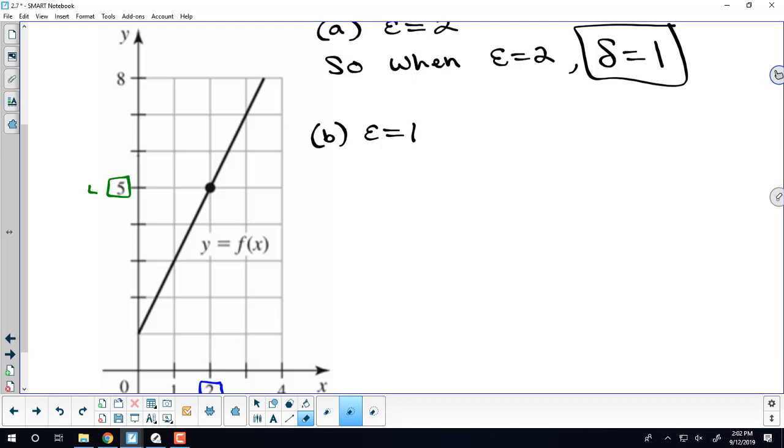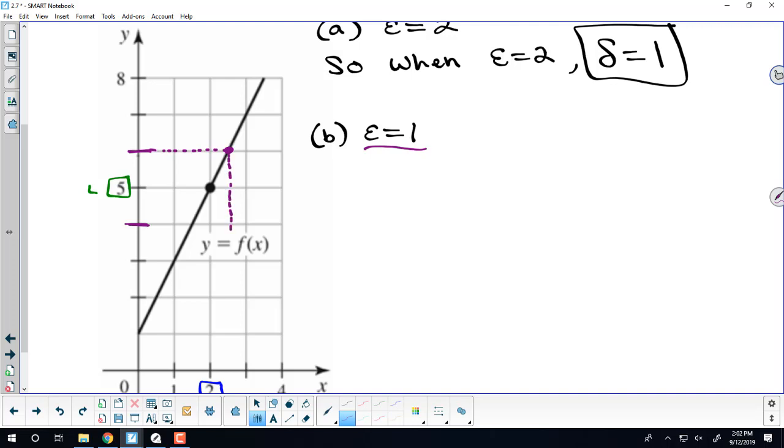All right, now with epsilon equal to 1, that says I want to be within 1 unit of 5 on the y-axis. So up here or down here, 1 unit from 5 on the y-axis. Again, I have to use the function itself to determine where that puts me on the x-axis, or what that delta is. So with something like this, do your best.